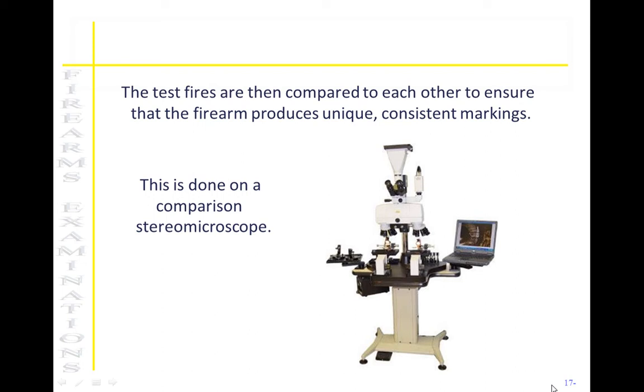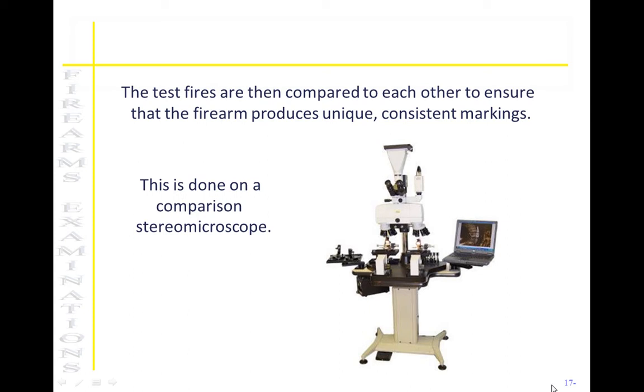So the firearms examiner is going to take the weapon, use the known ammunition, and take several different test fires and then compare these projectiles or casings prior to any comparison to a sample that was collected from a crime scene.